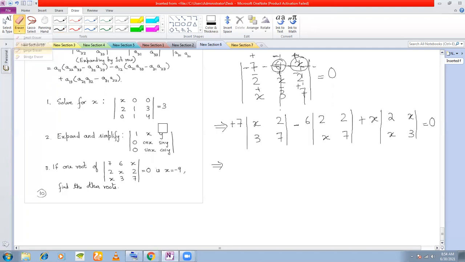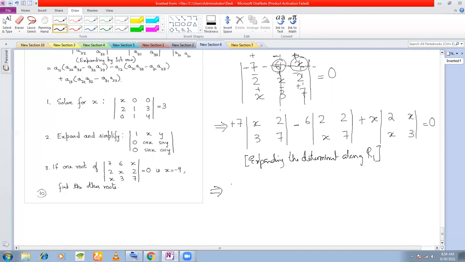Okay. So you can write here, expanding the determinant along R1.